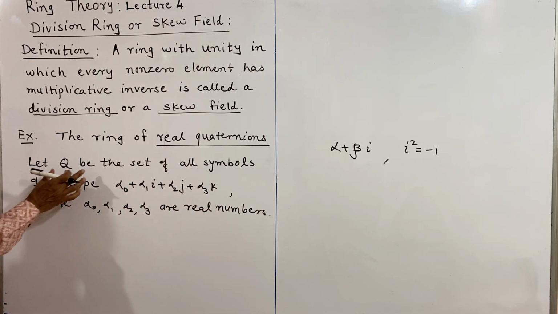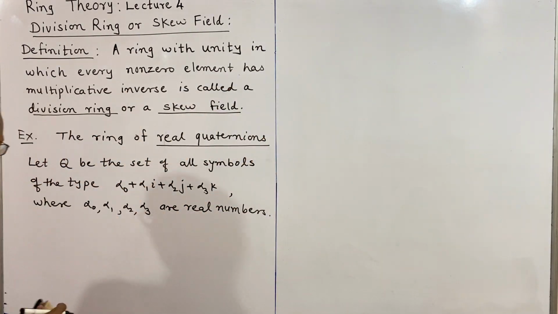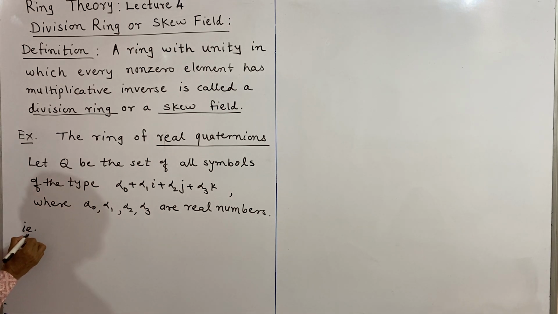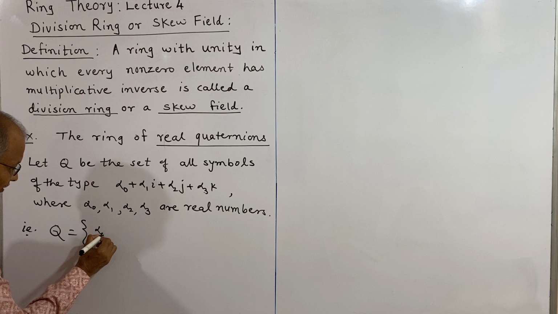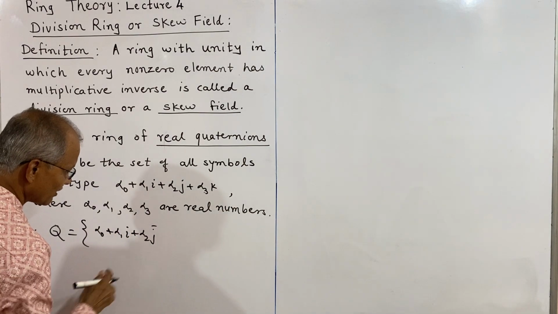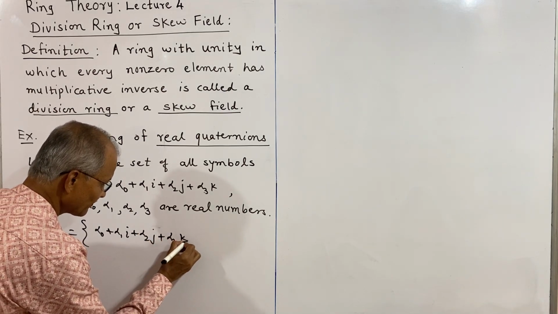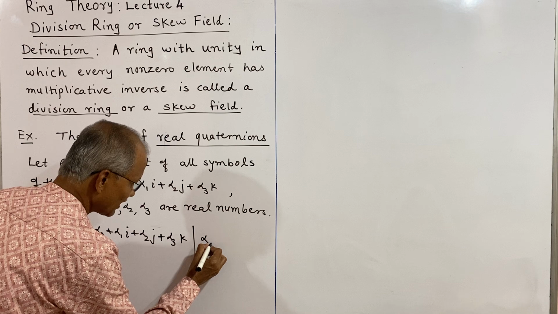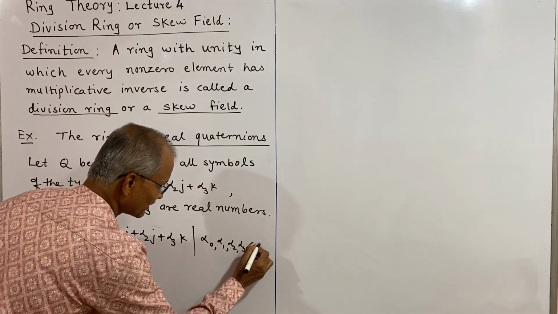So Q is the set of symbols of this kind, or in short, Q is the set of alpha naught plus alpha 1 i plus alpha 2 j plus alpha 3 k, such that alpha naught, alpha 1, alpha 2, alpha 3 are real numbers.